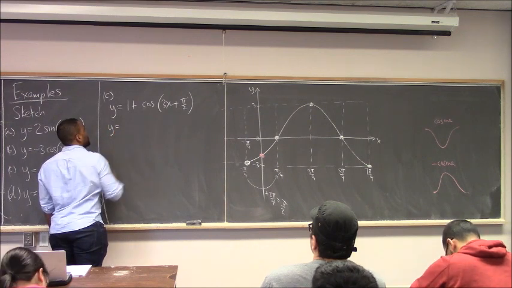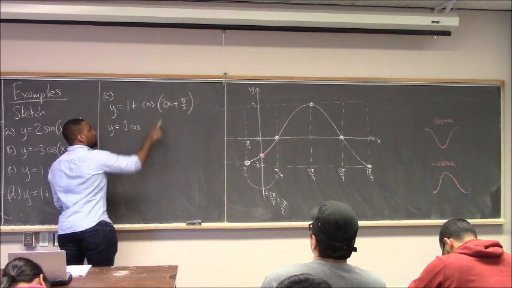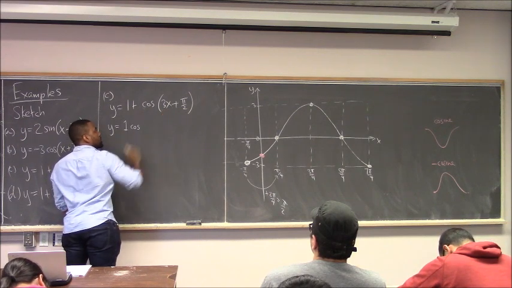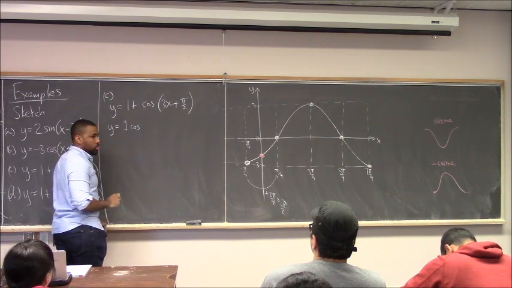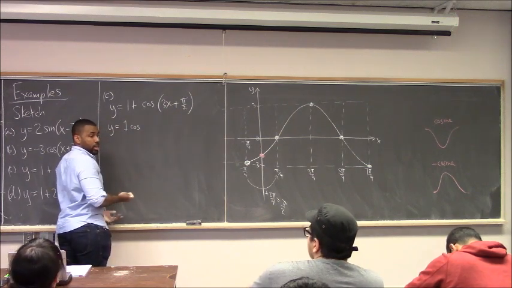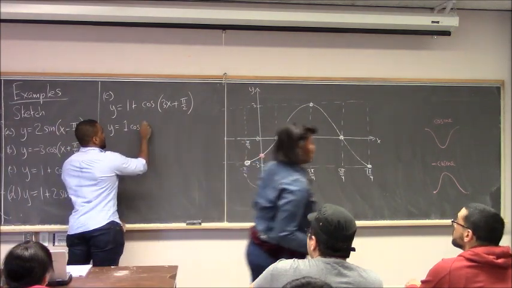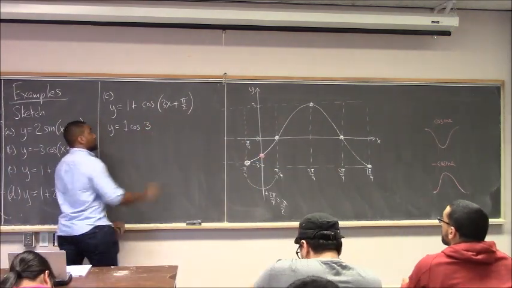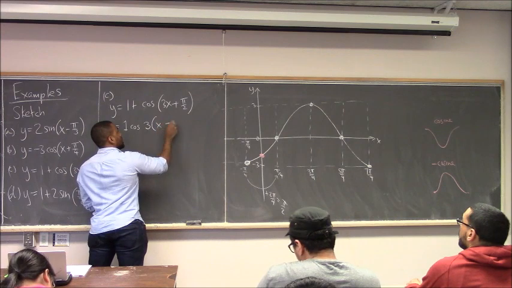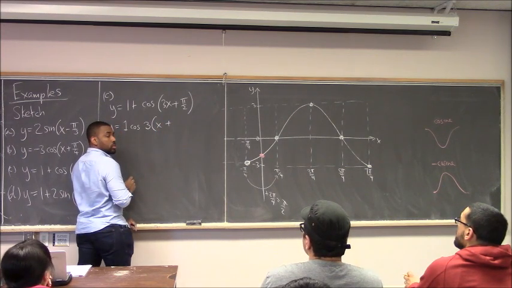So this is y equals, this is 1 cosine. Now notice here, I have a 3x. In the general formula, I don't have 3x, right? It should just be x minus b inside the parentheses. What can I do here? Just factor out the 3. Factoring out the 3 gives me this. This will be left over with x plus, what would this be here? If I factor out 3.